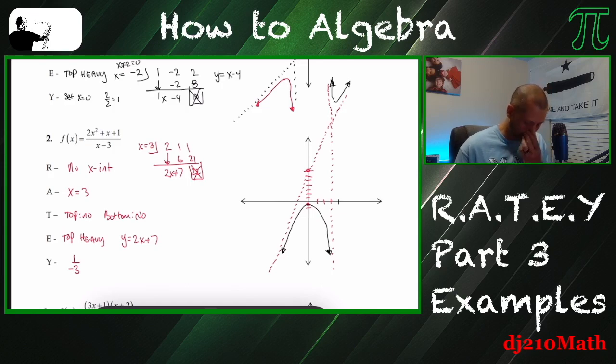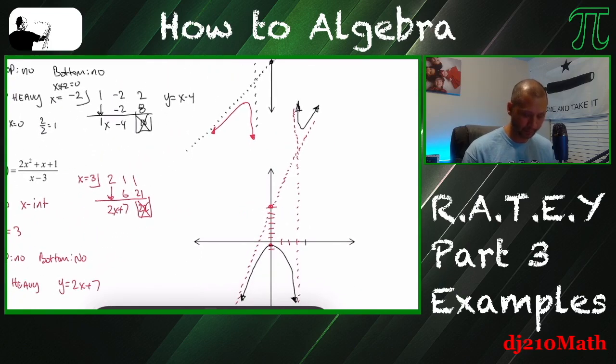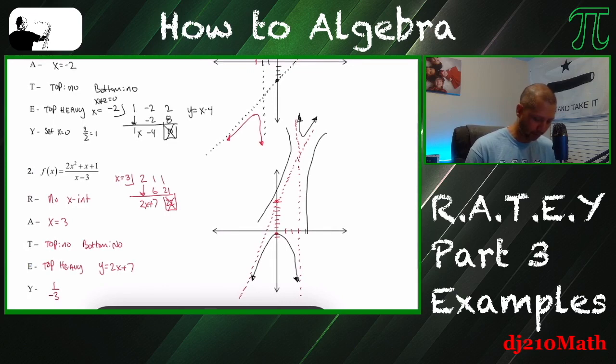So you may be saying, like, how do I know that the branch is up here? Well, there's 3 possibilities where it could be. Where I drew it, off to the side, and off to the other side. So if you think about the other 2 sides, there's no x-intercept. And not only that, but the bottom is always positive. So the branches have to be opposite of each other. Right?